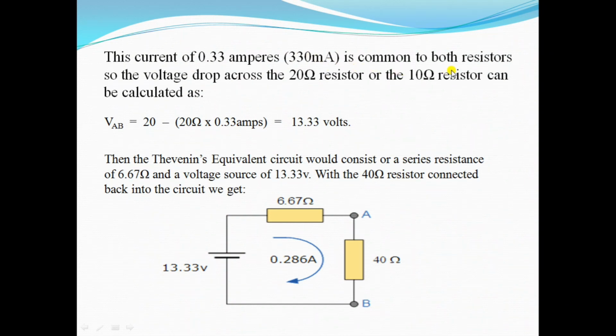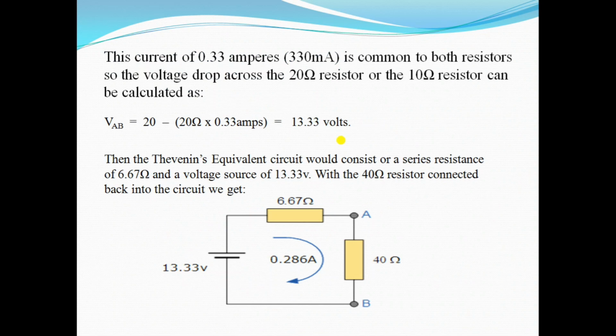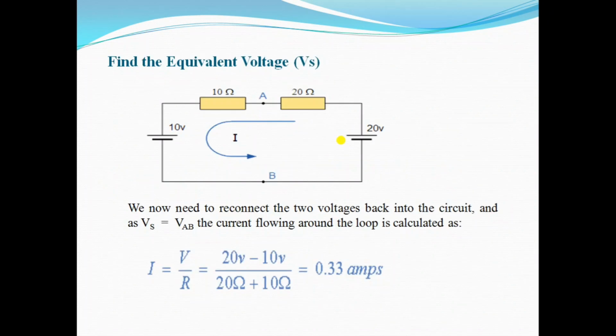The current is common to both resistors, so the voltage drop across the 20 ohm resistor or the 10 ohm resistor can be calculated. The voltage across AB, VAB, is equal to 20 minus 20 ohm into 0.33 amperes.